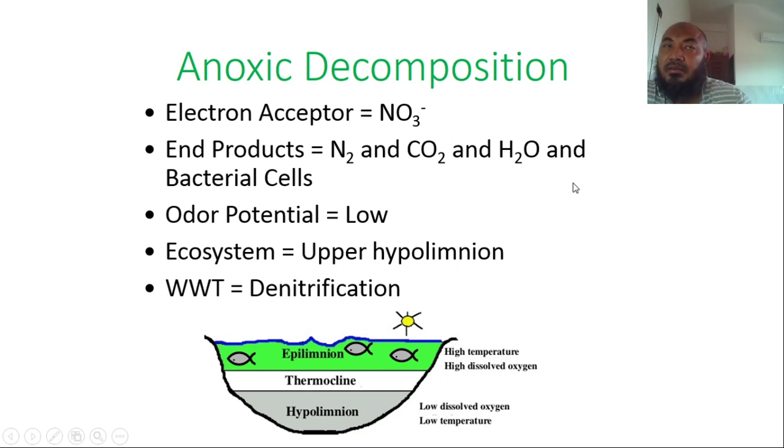So in the wastewater treatment plant, usually this place is after the aeration tank, they will introduce one unit which they call the anoxic unit.